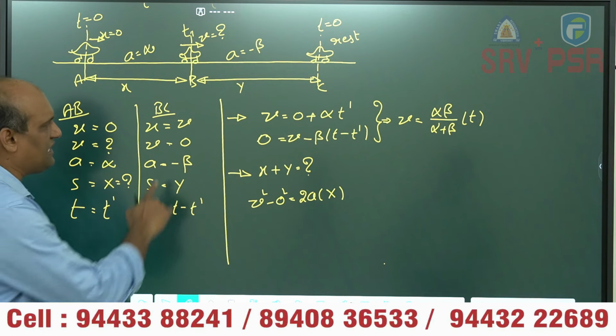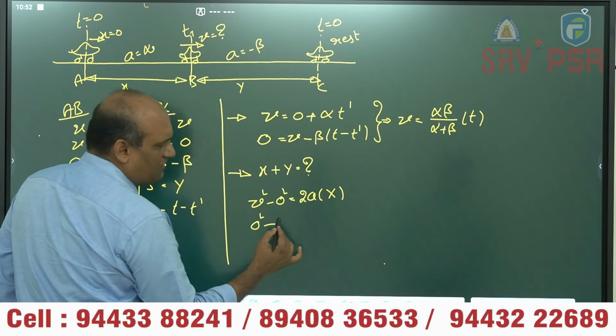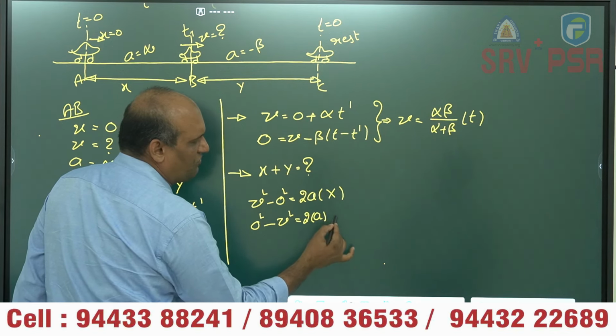Same for the part BC, V square minus U square equal to 2AY.